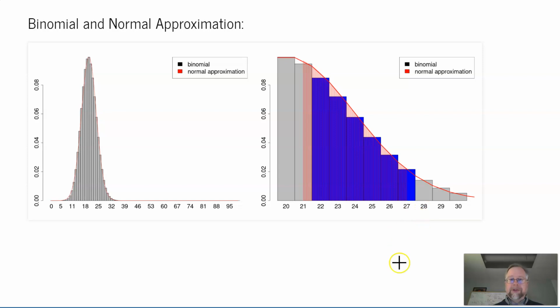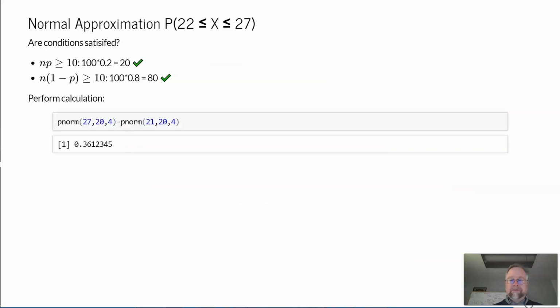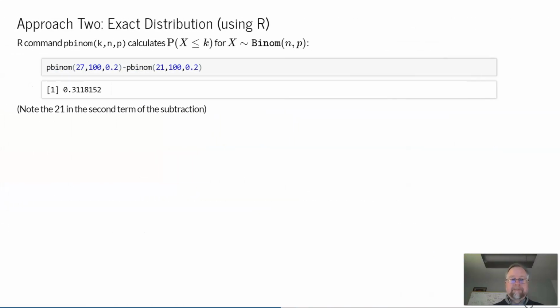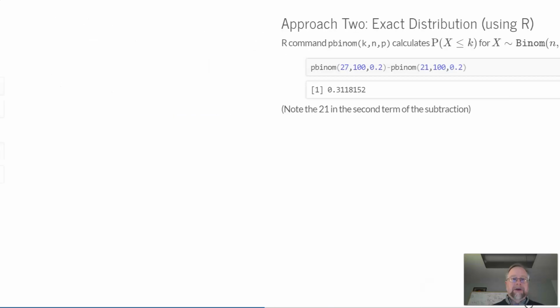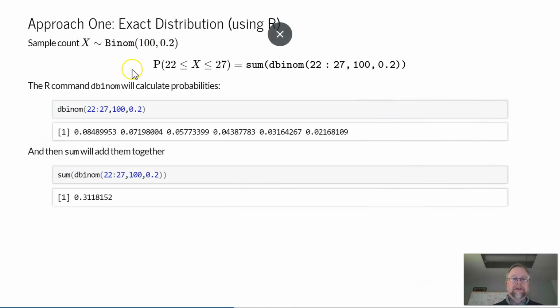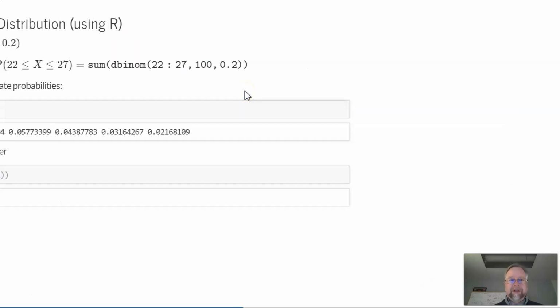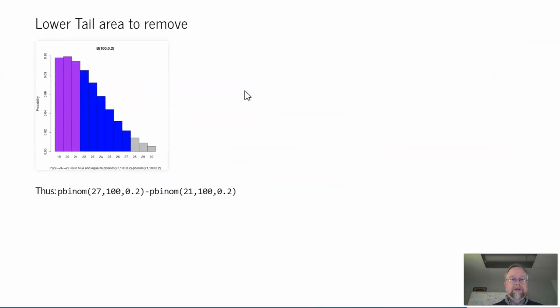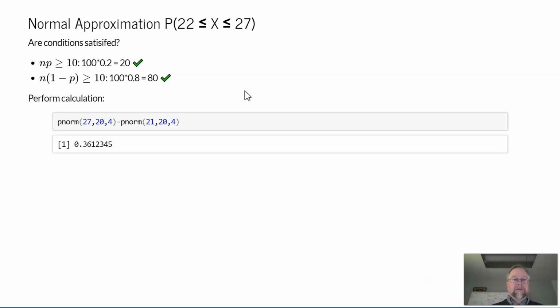Again, the key thing that I want you to pay attention to is that when I wanted to estimate the probability of a binomial distribution being between 22 and 27, including 22 and 27, then what I used was a normal distribution, 27 down to 21.